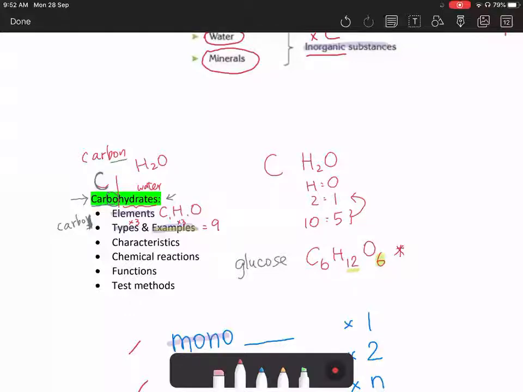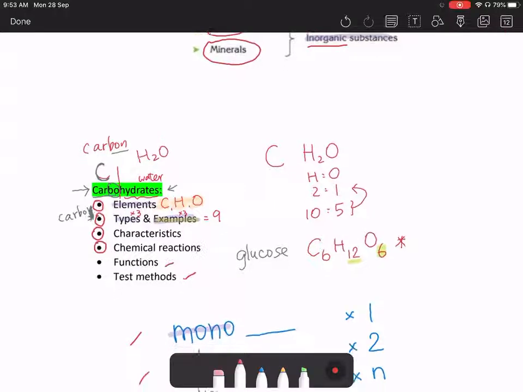Their elements, okay, we just finished: carbon, hydrogen, oxygen, okay? And we have to know the types, examples, their characteristics. Hope that today I can go to chemical reaction as well. And I will try showing you some test methods.